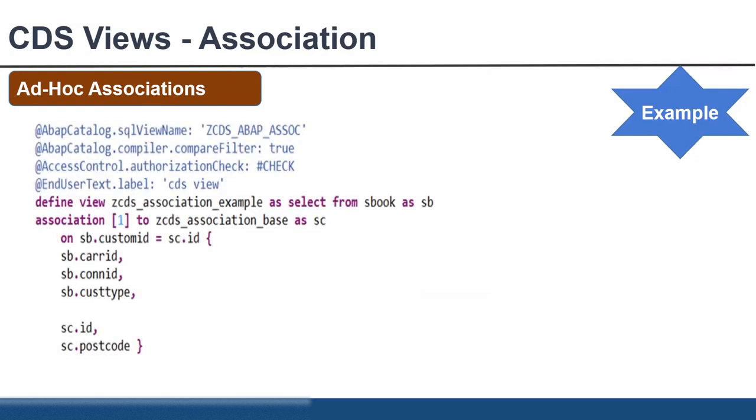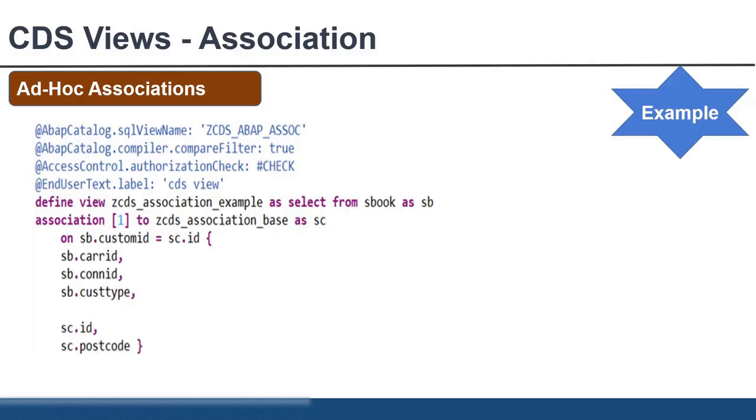Next, we'll see an example of an ad hoc association. We'll use the base view that we just saw in the earlier part of the video. ZCDS_association_base will be associated with the SBook table.